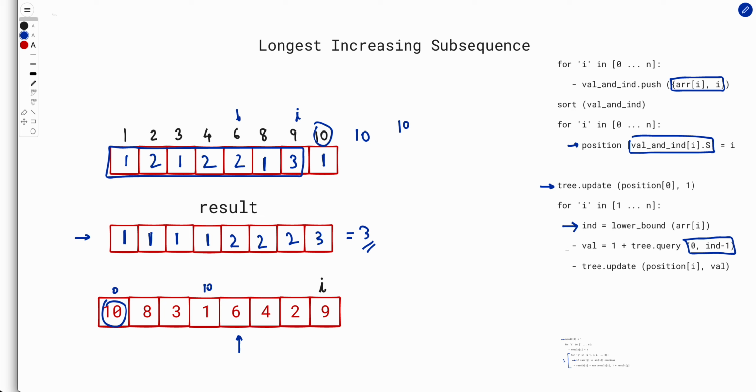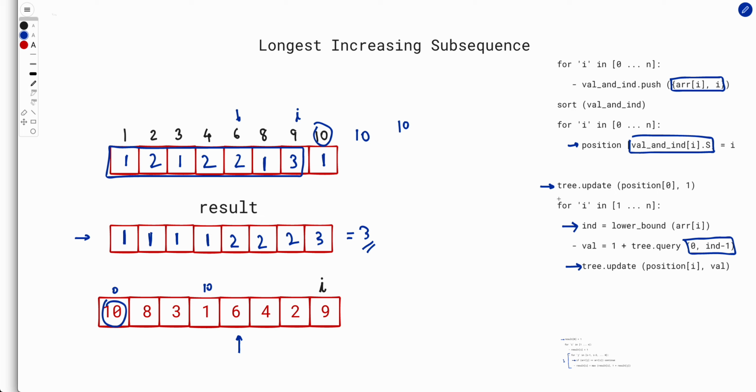Once we get the value of the current index, we can simply update that particular position in our tree, right? So after this loop ends, we will have our result array built out. We can simply do a range maximum over 0 to n, or you can also do a range maximum by just querying the indexes one by one. Anything is fine, and that will give you the final answer, right?